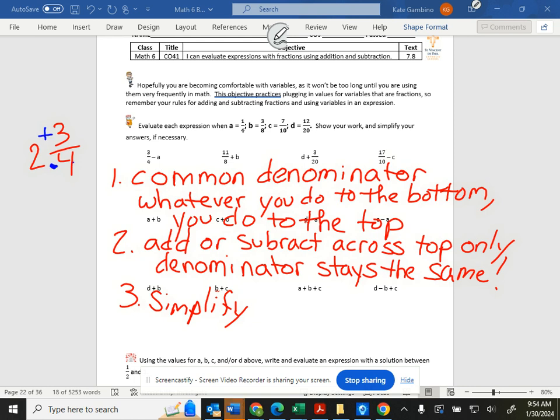So 4 times 2 is 8, plus 3 gives me 11. 11/4. Denominator always stays the same. And that looks easy. Okay, so we want to make sure that we are working with improper fractions, not mixed numbers.